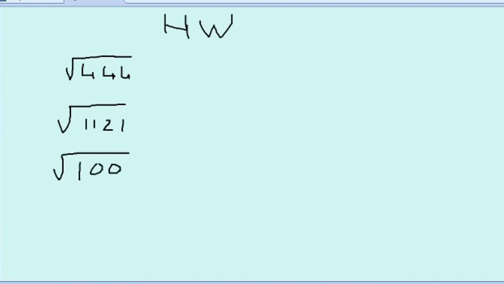The answer is simple, but try this by the long division method. Root 169. Again, this is a simple answer. You will get a perfect square. It will be a simple answer, but try this by the long division method. Try these 4 examples at home and show me the homework.